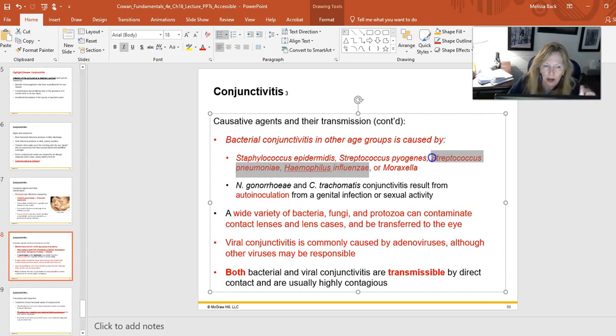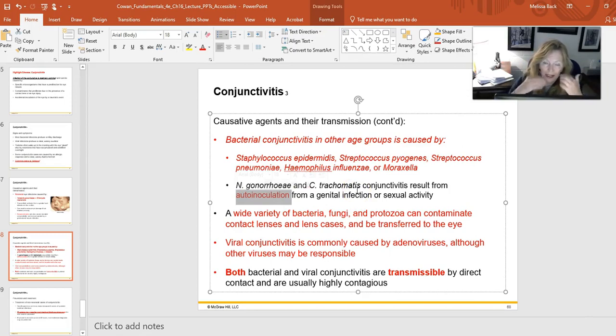And so this is why when someone has conjunctivitis, they often get antibiotic drops, even if their conjunctivitis isn't bacterial, even if it's viral. They're going to typically get that. Now, you can still get these two that we just talked about in babies. If you have those infections, you can auto-inoculate yourself from the genital region to your eye, just touching those particular regions.